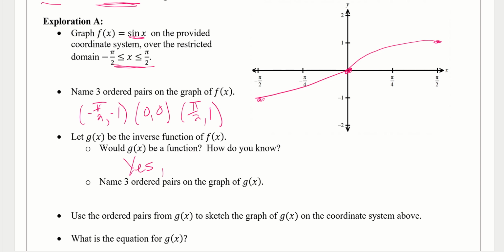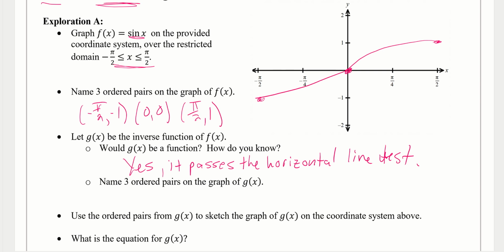So we'd say yes, it passes the horizontal line test. Remember, the vertical line test is to tell you if a function is a function. The horizontal is to tell you if its inverse is a function. So yes, if I draw a bunch of horizontal lines, it only hits the graph once.